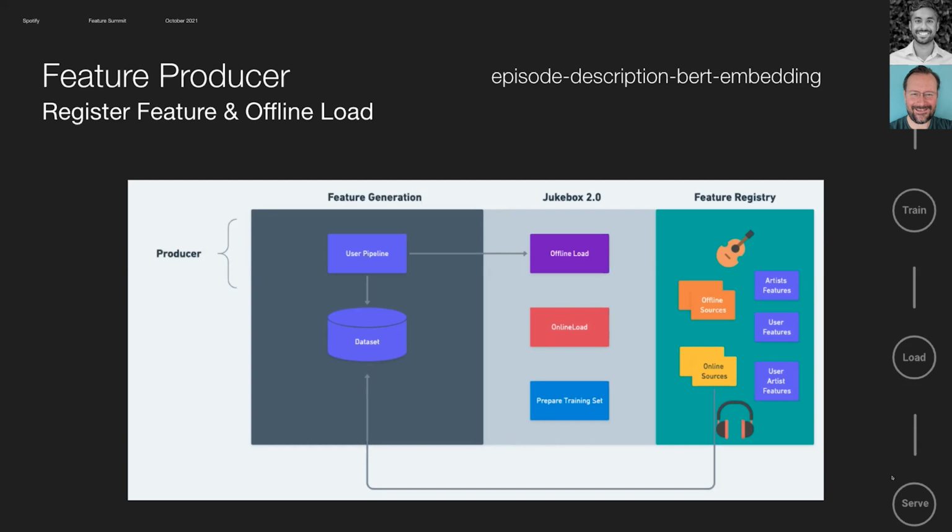I'm going to give you an example of the BERT embedding vectors. We might register the feature and say we have a float vector that's owned and maintained by the home podcast team. And we will specify an online and offline storage location, and then a human description. We attach a name to it, like in this case, podcast description BERT embedding. And that's what we use from now on. So if we go to the next slide.